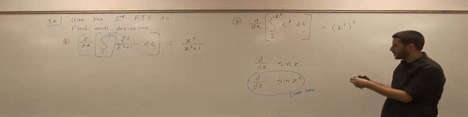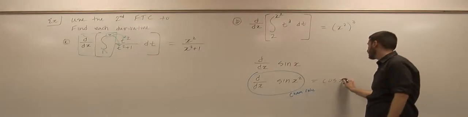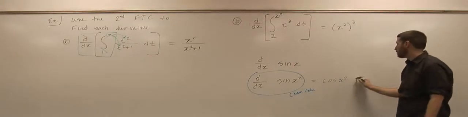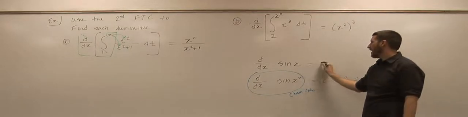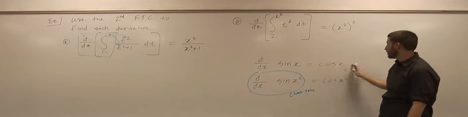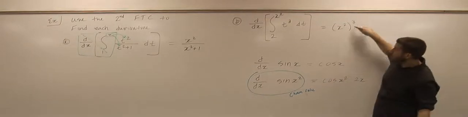To do this derivative, you would take the derivative of the outside, the derivative of sine is cosine, keep the x squared, but then multiply by 2x. Whereas this guy, because it's just x, the derivative of the inside is 1, you don't even need to write it. So this is partially correct.